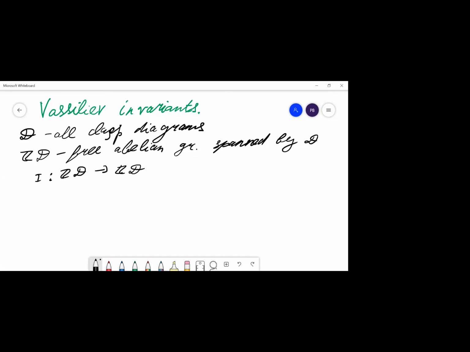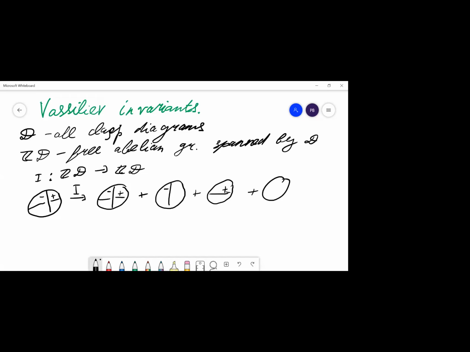For example, let's do something simple. A diagram with a minus and a plus will be sent to itself plus this plus this plus nothing.